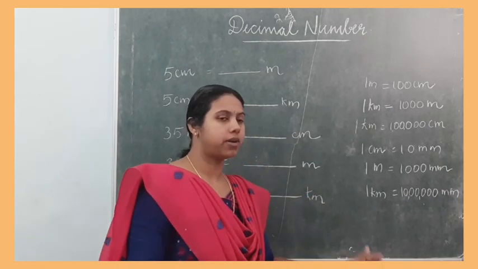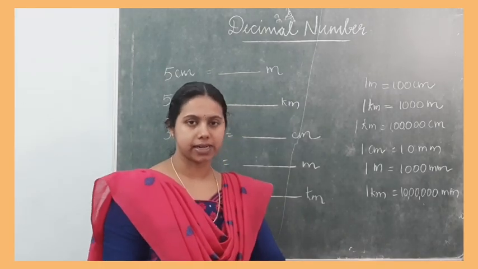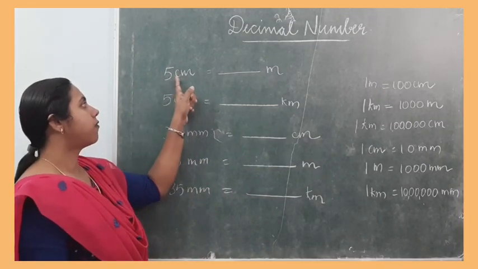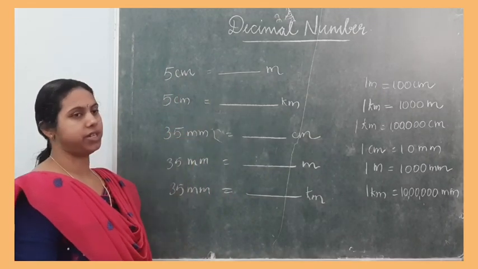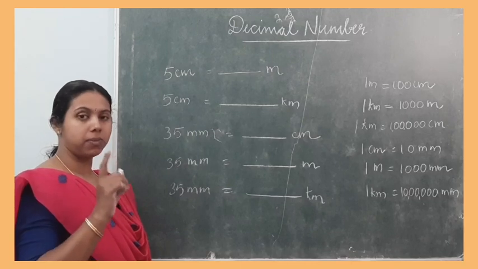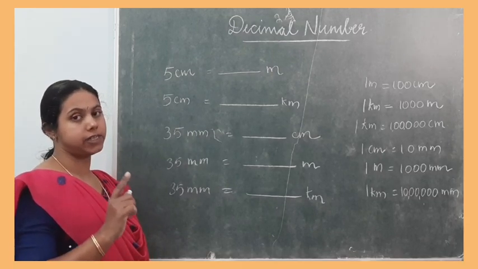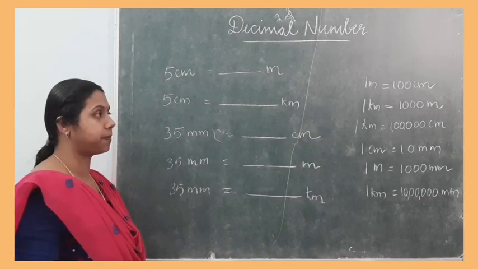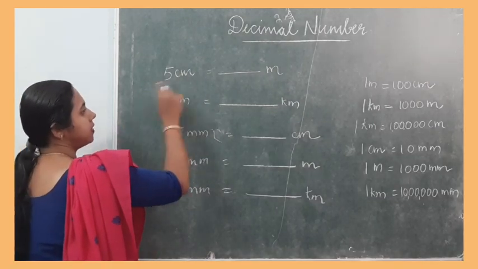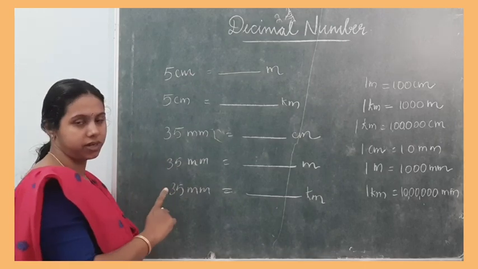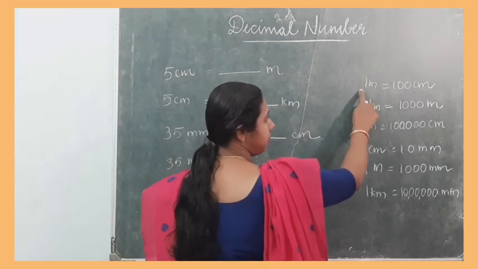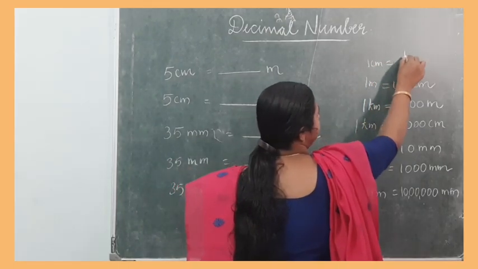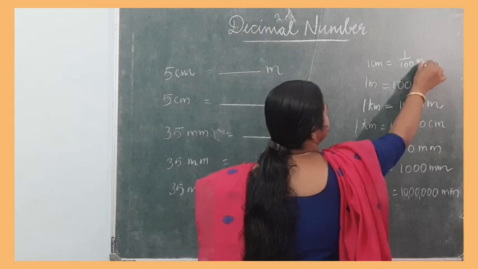These are all basic conversions you studied in earlier classes. Using this, you can convert. First one, 5 centimeter is equal to dash meter. We know that 1 meter is equal to 100 centimeter. So 5 centimeter is equal to how many meter? 100 centimeter is 1 meter, then 1 centimeter is 1 by 100 meter.